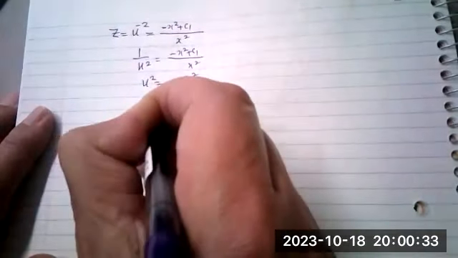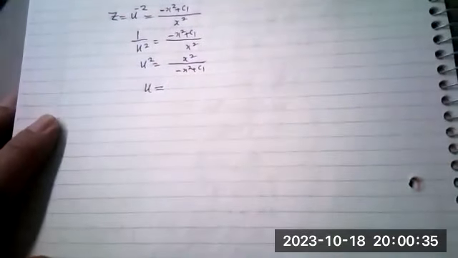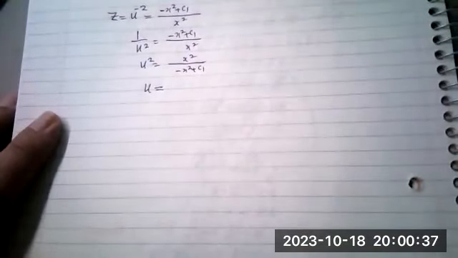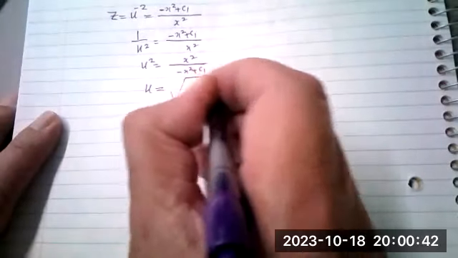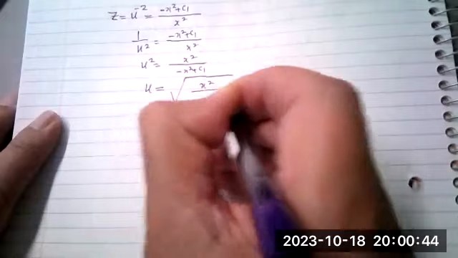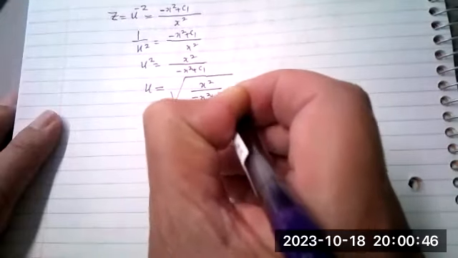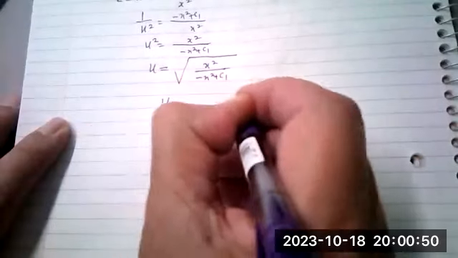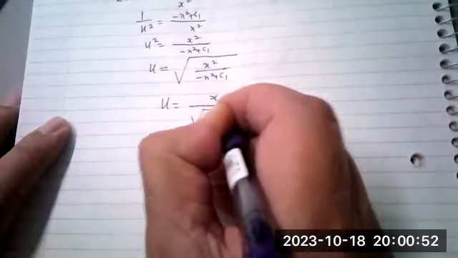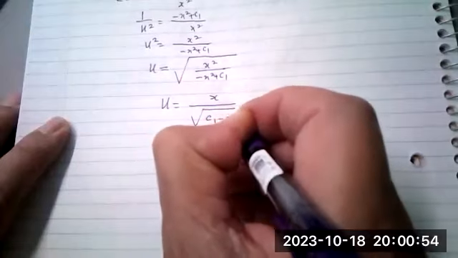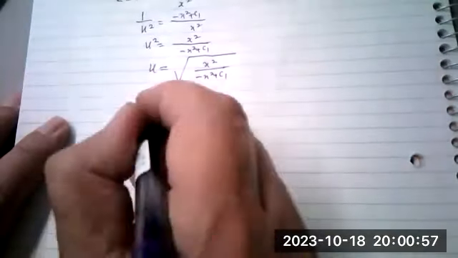You take the square root to get u. If you take the square root, the top would be x, the bottom one would be the square root of c1 minus x squared. So that's your u.